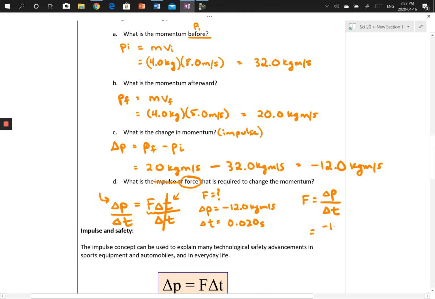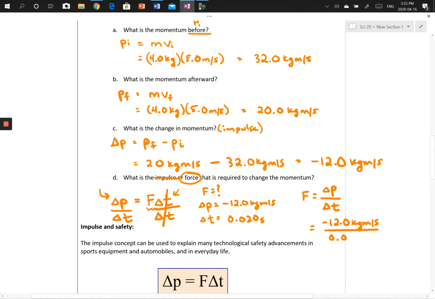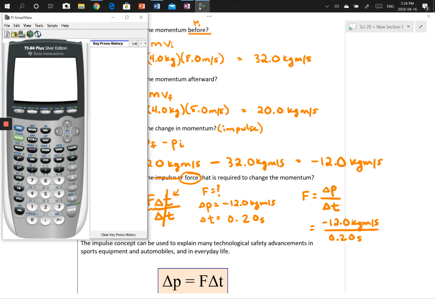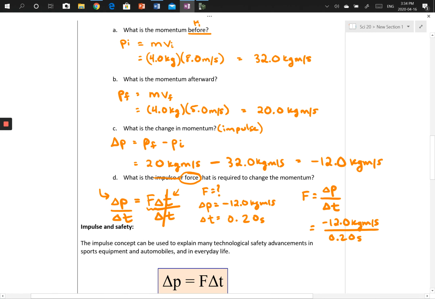I'm going to plug in my value. So I get negative 12.0 kilogram meters per second divided by, oh sorry, it's not 0.02, it's 0.20 seconds. I'm going to take my calculator and do negative 12 divided by 0.2, and that gives me negative 60.